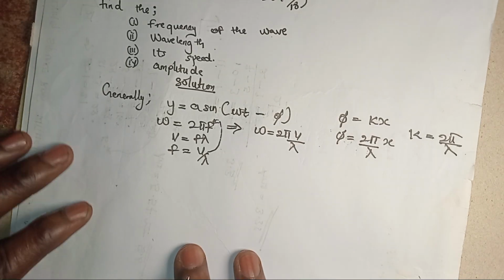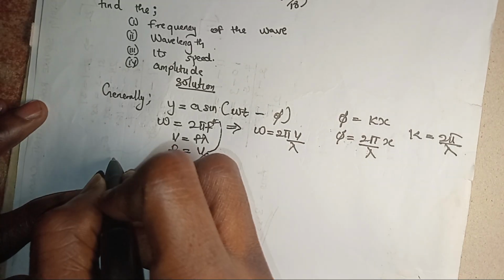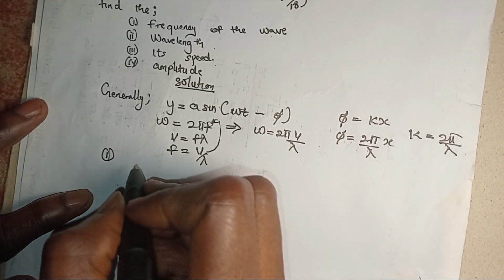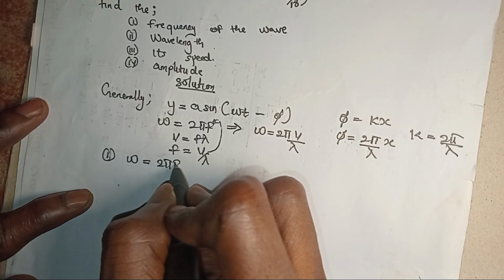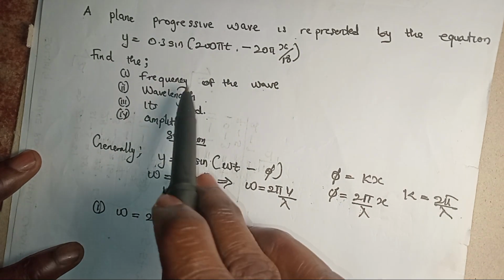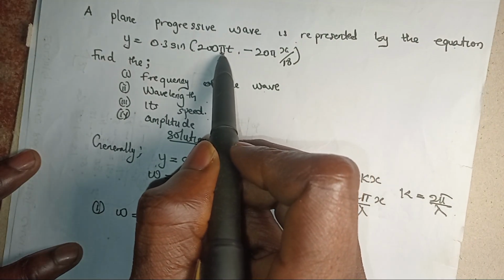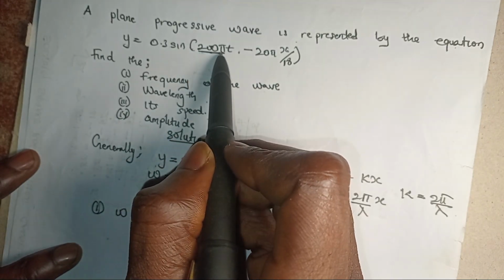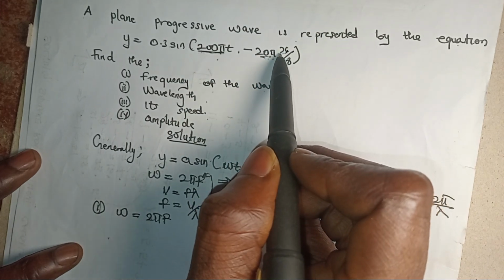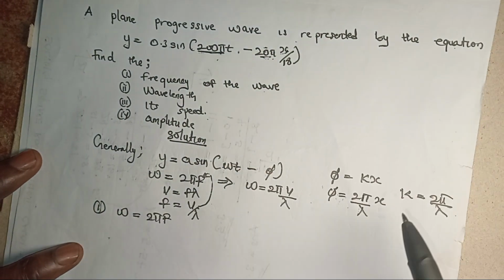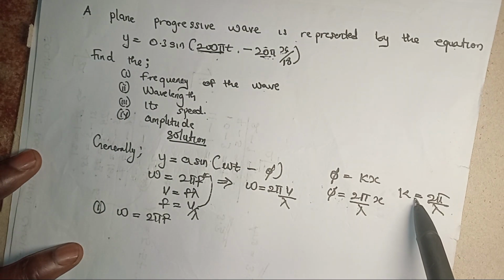So we should find the frequency first. We want to solve for the frequency. We have ω equal to 2πf. If you go back to the question, the value before t is ω, our angular velocity, and the value before x is going to be our k, the wave number.